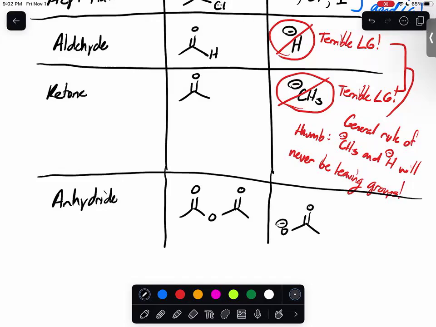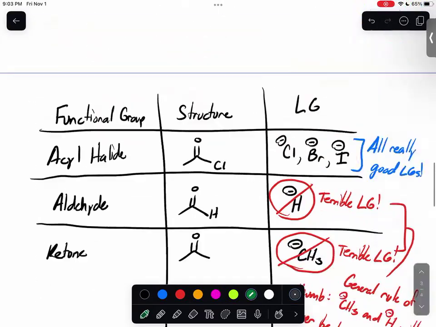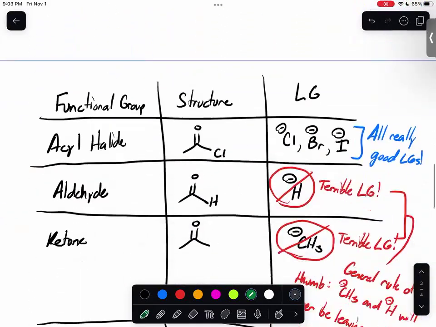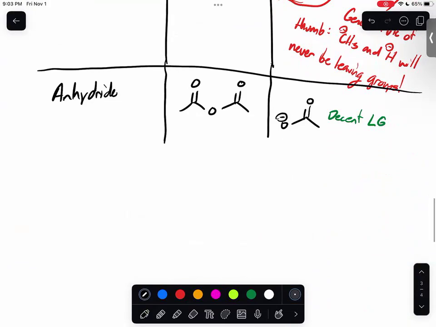And so this would be an oxygen with a negative charge that's stabilized by another oxygen through resonance. So this is actually a decent leaving group, right? It is somewhat stable. Now, that being said, again, it also still depends on the nucleophile. We'll take a look at that in just a second. But then there's two other functional groups that are on your functional group worksheet.